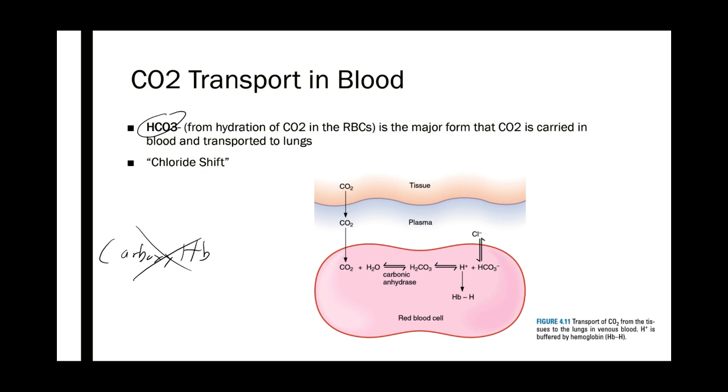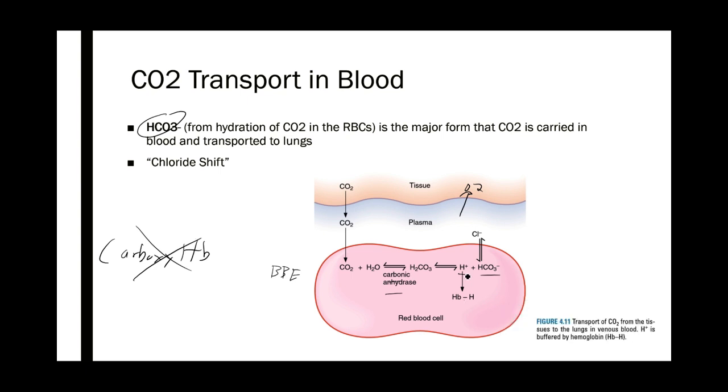The way this happens is at the tissue, oxygen is delivered to the tissue, and then CO2 is returned back into the red blood cell. Do you guys remember this bicarbonate buffer equation? The CO2 is converted via carbonic anhydrase to H2CO3, and then that's converted to hydrogen and bicarbonate ion.